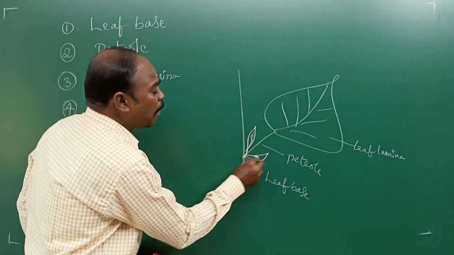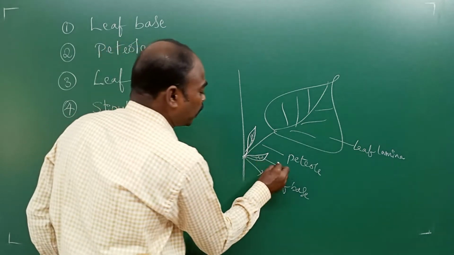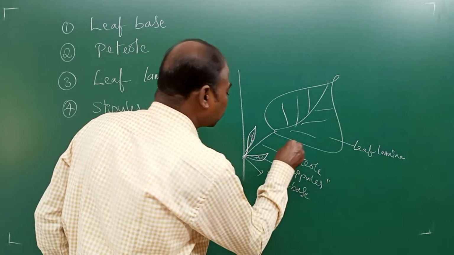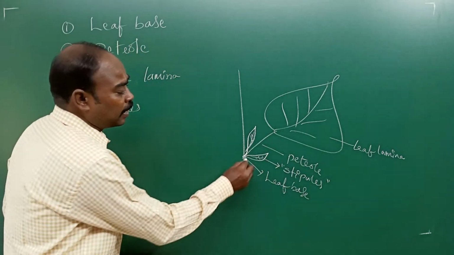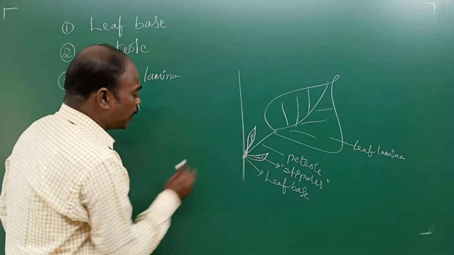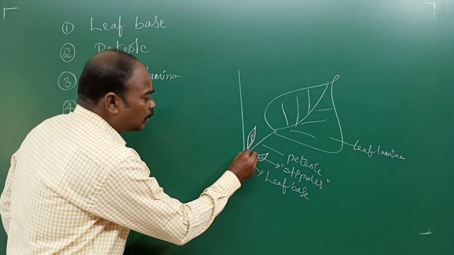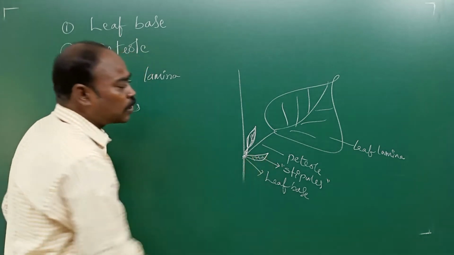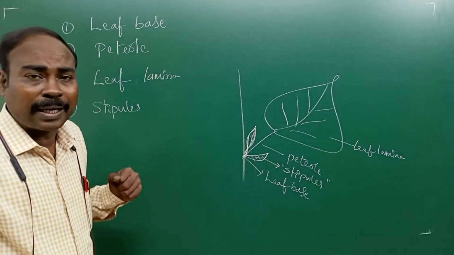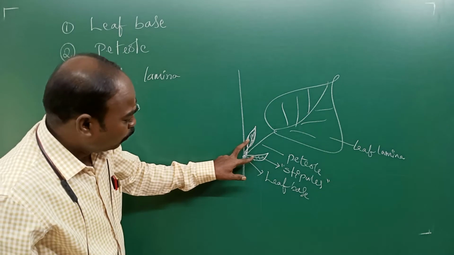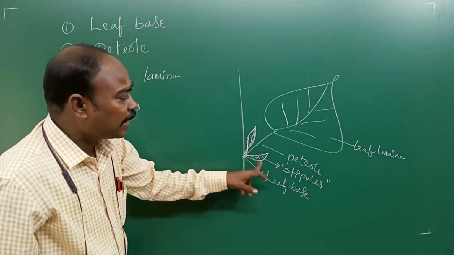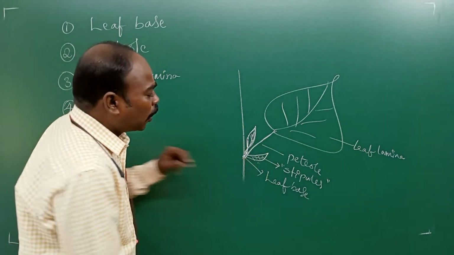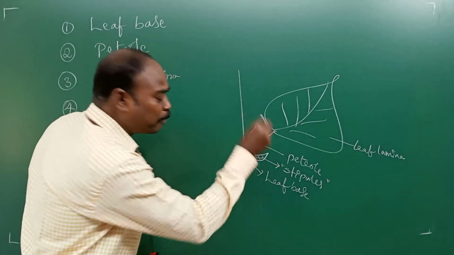These lateral appendages are otherwise called stipules. Stipules are found in dicotyledonous plants, whereas they are absent in monocotyledonous leaves. These stipules are useful to protect the axillary bud.